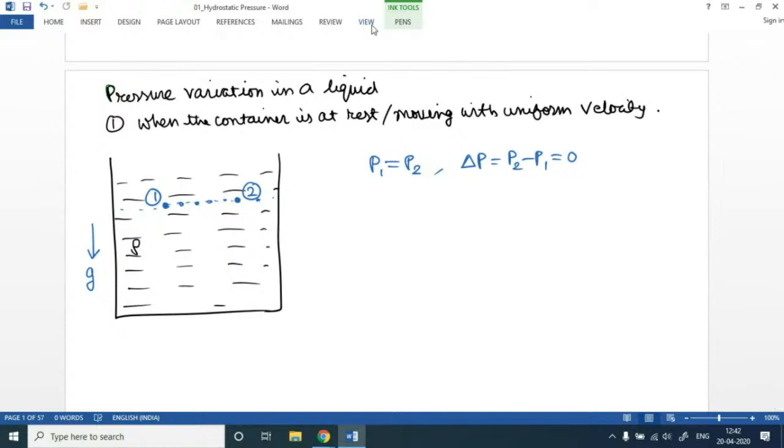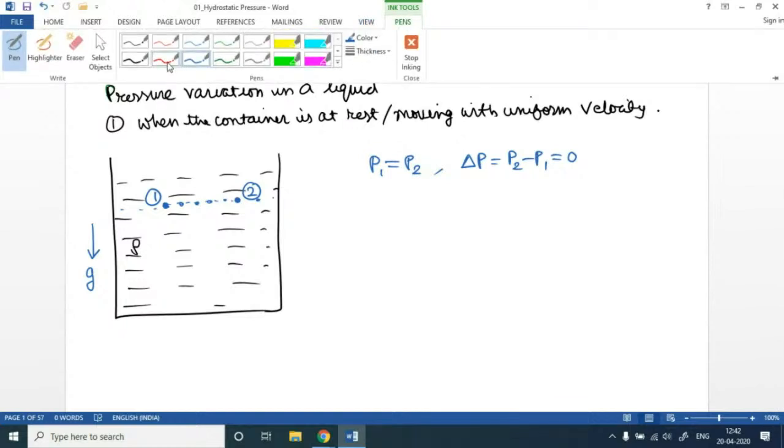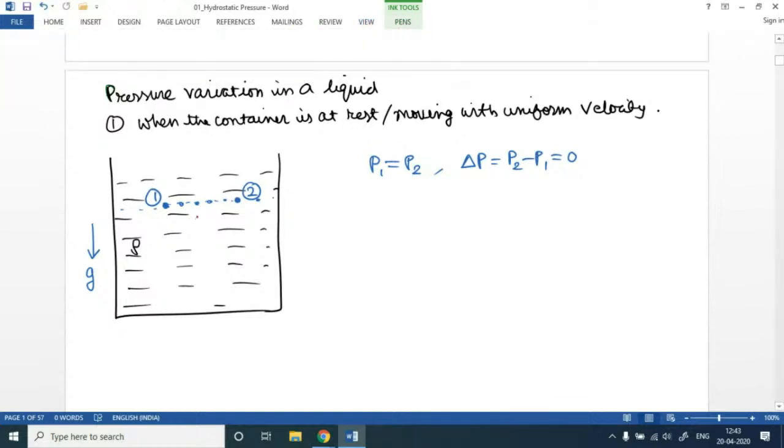Now let's look at points at different vertical levels. Let's say this is point 3 and this is point 4, and the distance between them is some delta y.